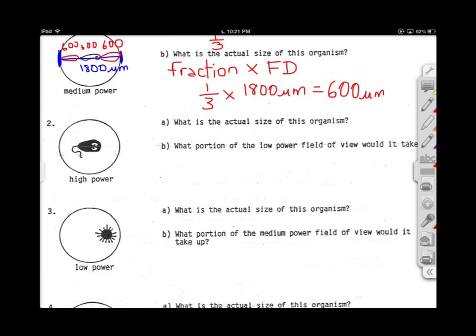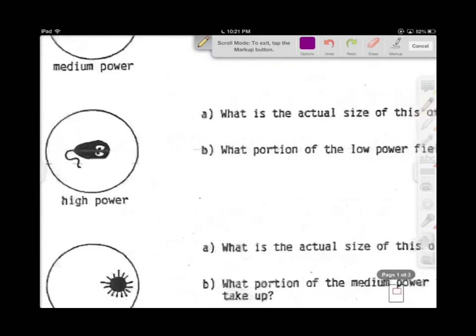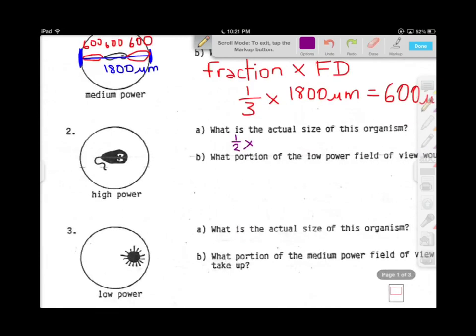Okay, some people kind of include a little bit of the tail, but let's say, for the sake of example, that you, we'll change color this time, let's go purple, that you think he takes up about 1/2. So in this calculation, zoom in here, you take the fraction, he would take up 1/2, and you multiply it by the field diameter.